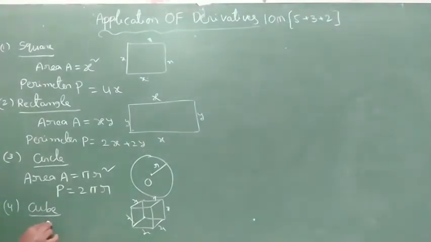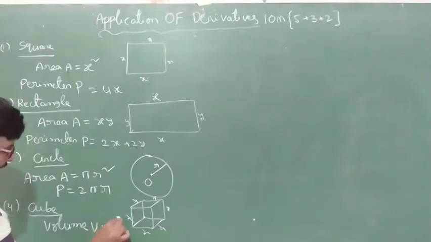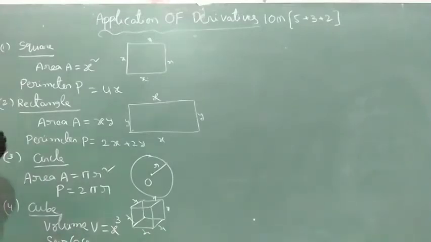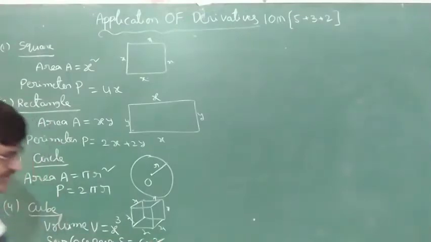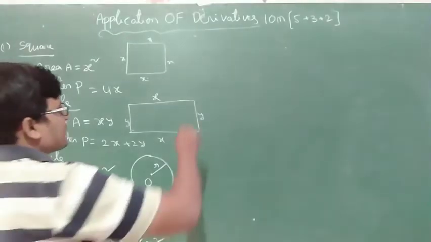So cube, volume, there is no area. Volume is denoted by V. Volume is x cube. There is no perimeter in 3-dimensional. Surface area S is equal to 6 into x square.